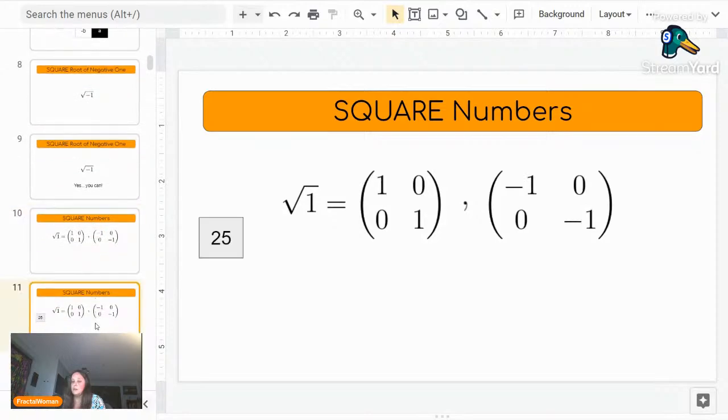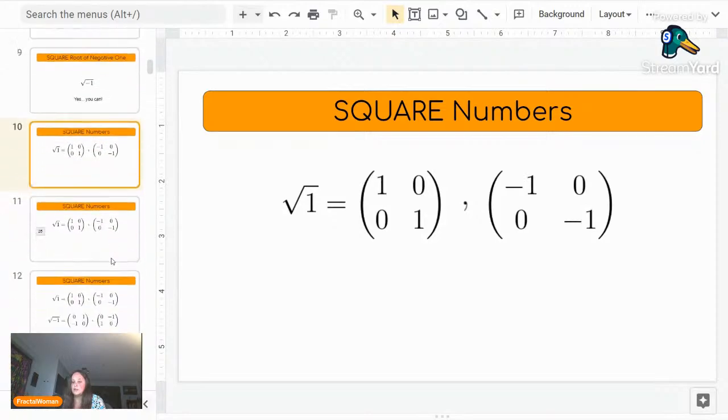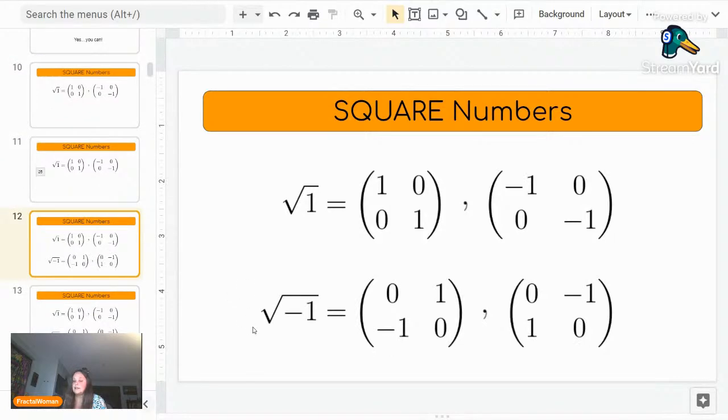But now we want to talk about the square root of -1. The square root of -1 has 1 and -1 on the backward diagonal, with the ones having opposite sense.